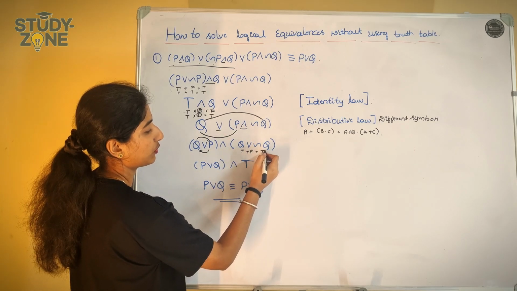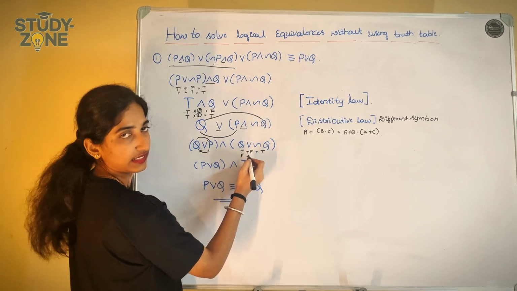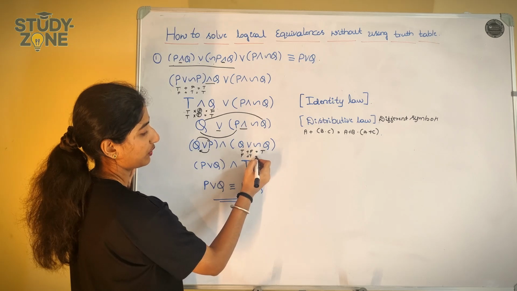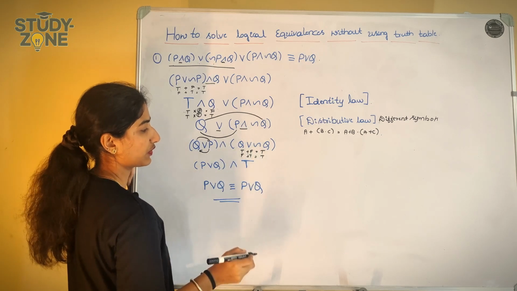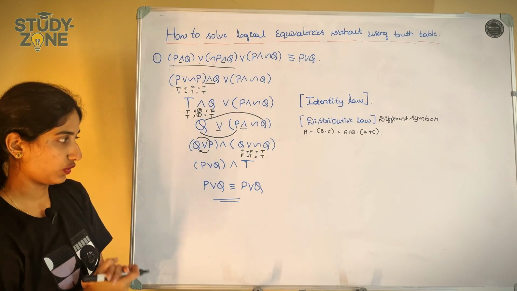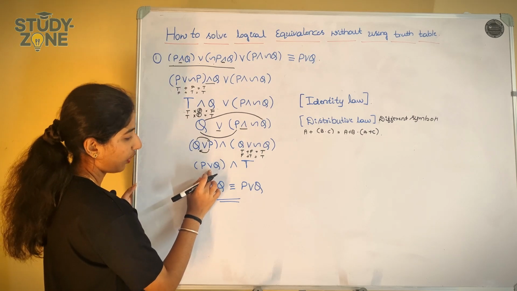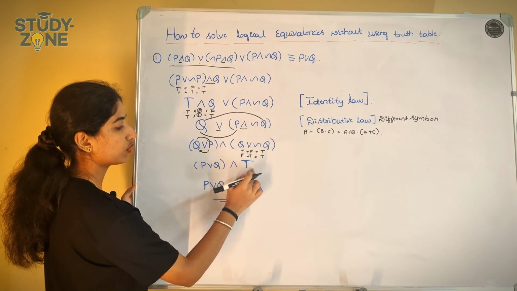So it will be true. In another scenario, if you take Q as false then not Q will be true, and this one is also true. So if we take any value for Q and not Q, it will be true, right? So P or Q and true.